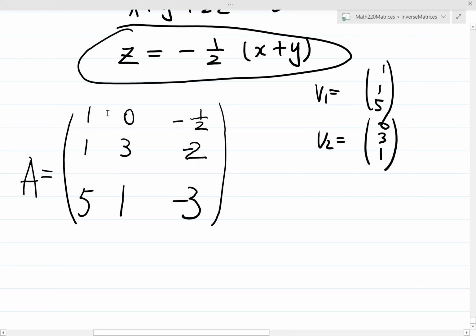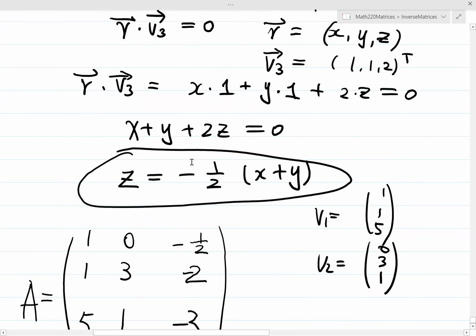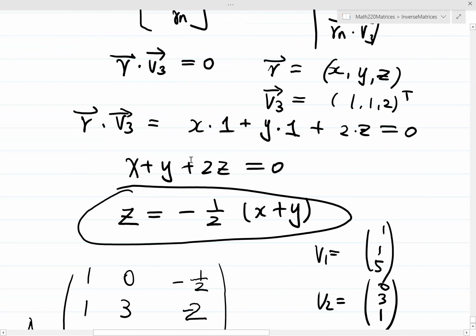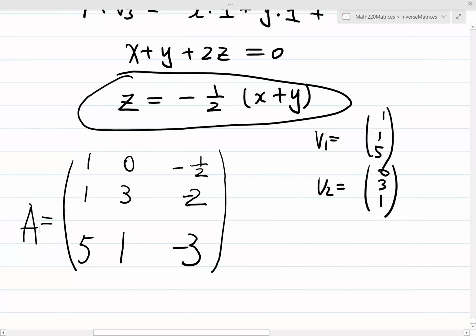And you're plugging in the X and Y values to get the Z, right? Right, we plug in negative 1/2 times X plus Y to get the Z value. So you see this A satisfies the given requirement. The column space contains the column vectors V1 and V2, and the given V3 is in the null space.